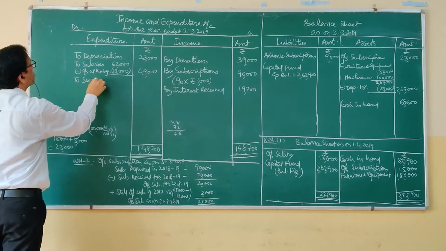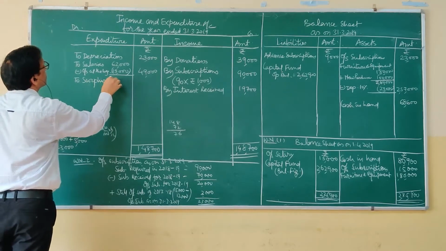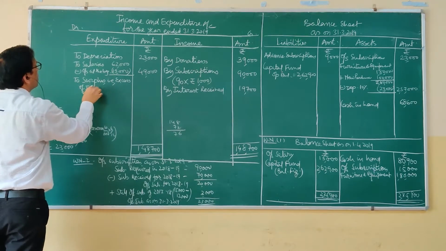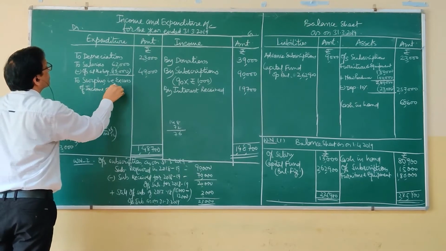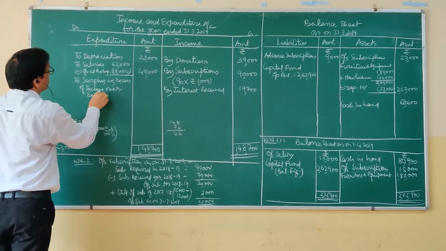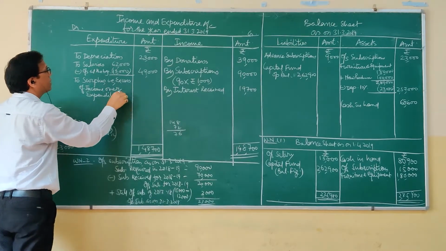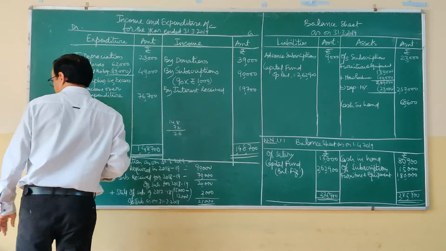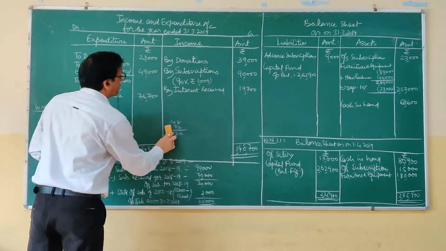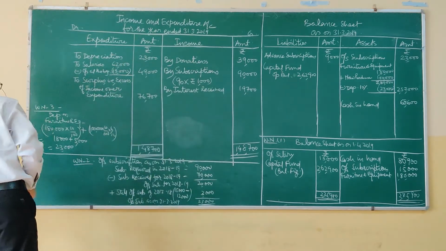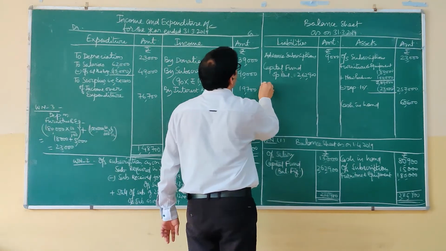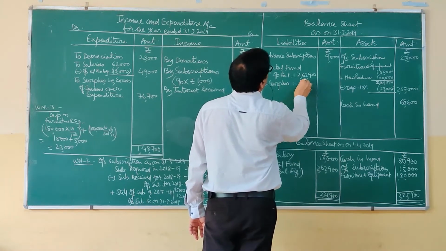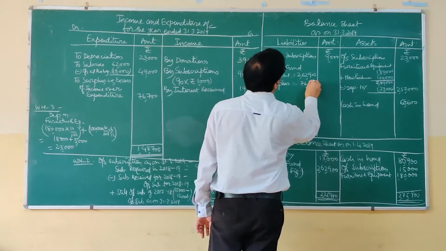So we write surplus, that is excess of income over expenditure, 76,700. Now this 76,700 will be added to surplus, plus surplus 76,700.